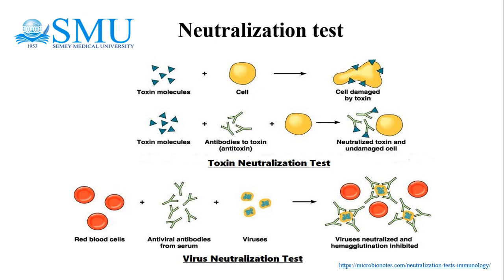They assess efficacy of antibody fragments or antibodies to inhibit critical stages of activities which are generally deleterious to humans. These tests are mostly employed for viruses and toxins. Toxin neutralization tests are based on the principle that the biological action of toxin is neutralized on reacting with specific neutralizing antibodies called antitoxins.